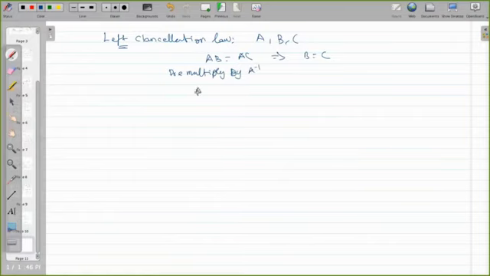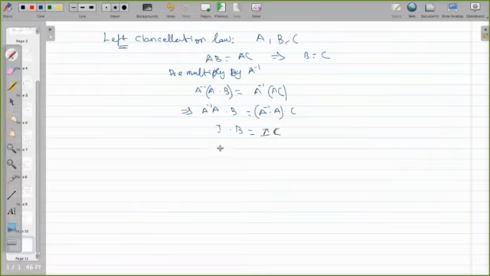That means A inverse A into B, then A inverse into AC. Now by the associative law, A inverse A into B, then A inverse A into C. Now A inverse A is I, so I into B is B, and I into C is C.